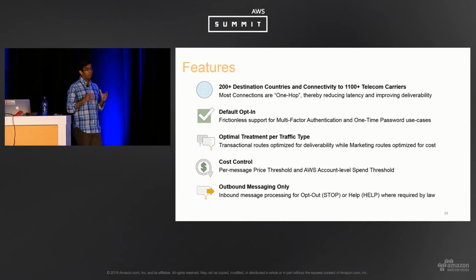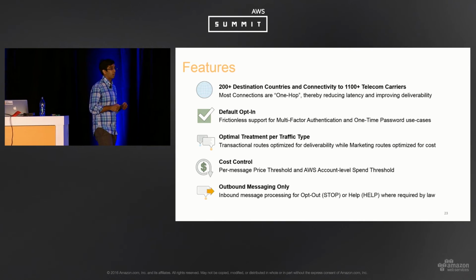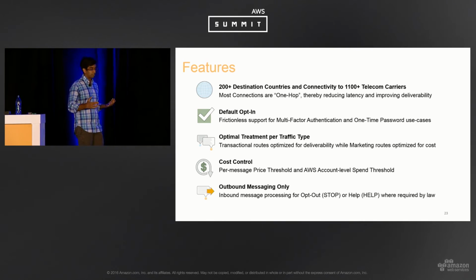We also optimize the treatment of each traffic type, right? So transactional routes, which are meant for those MFA and one-time password types of scenarios, are optimized for deliverability. Whereas marketing messages are optimized for cost.